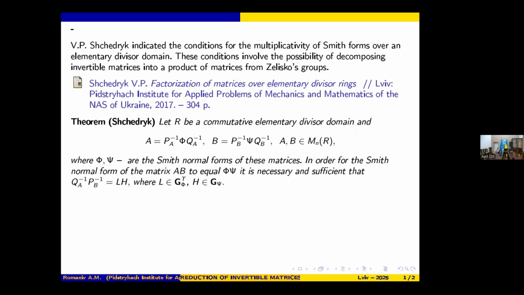He showed that invertible matrices can be written as the product of two matrices from the Zelisko groups. Next theorem: we see that this matrix is invertible and equals the product of matrices L and H, where L and H are matrices from the Zelisko groups.